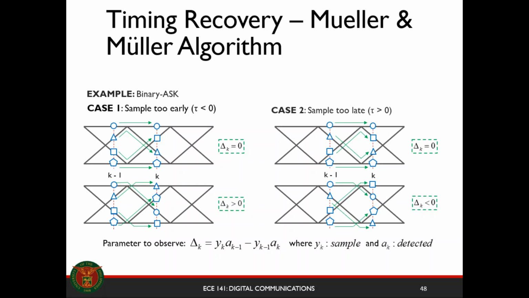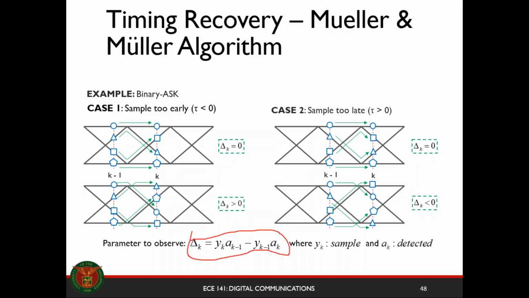So basically, if you sample too early, your delta K will become greater than 0. If you sample too late, your delta K becomes less than 0. So you just need to mix and match your current sample and your current symbol, and compute the timing parameter.